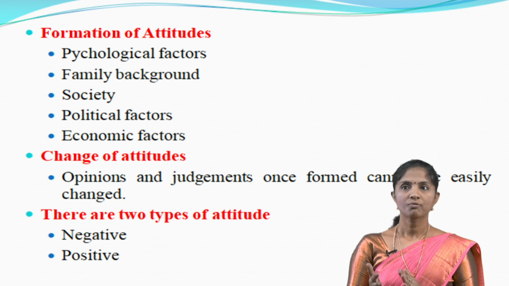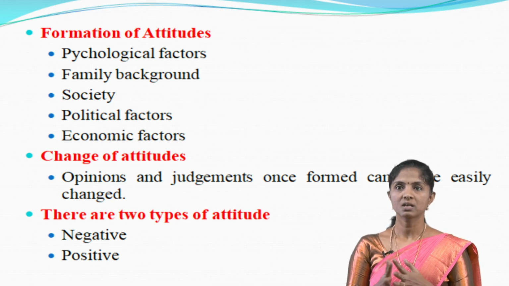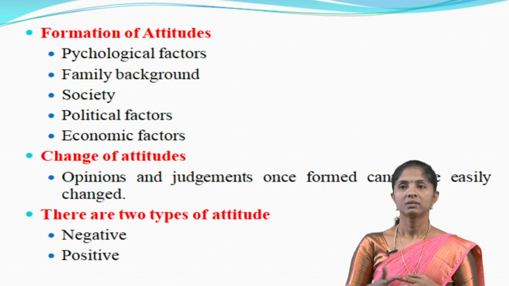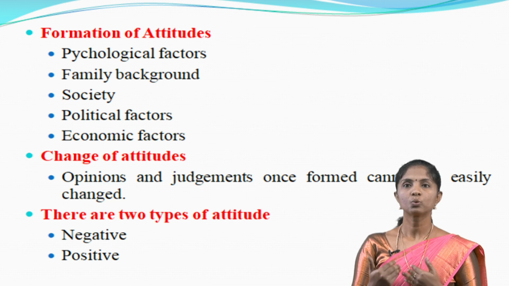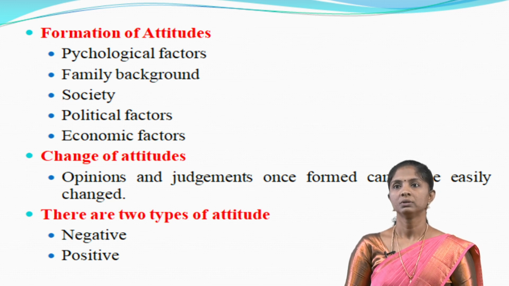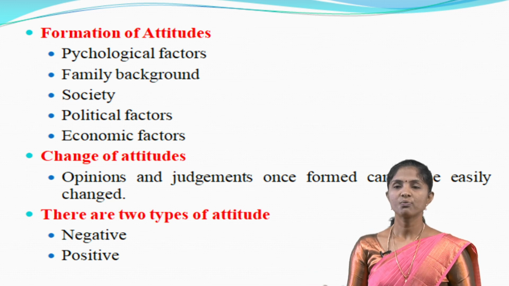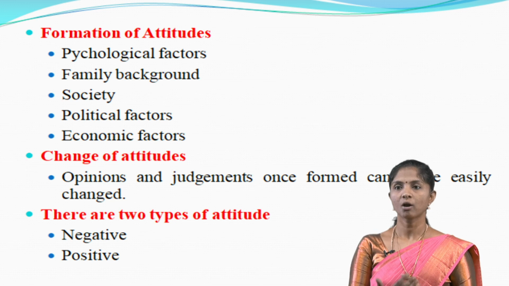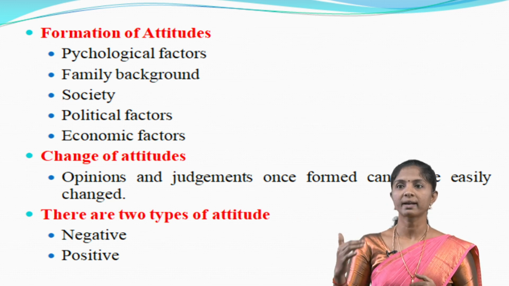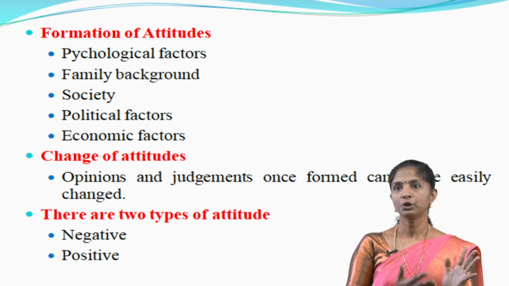The formation of an attitude is not a simple process. It is not a linear development. There are a number of factors that act on a person's mind to form an attitude. So what are the different factors? One is the psychological factor, then family background, political factor and economic factor.